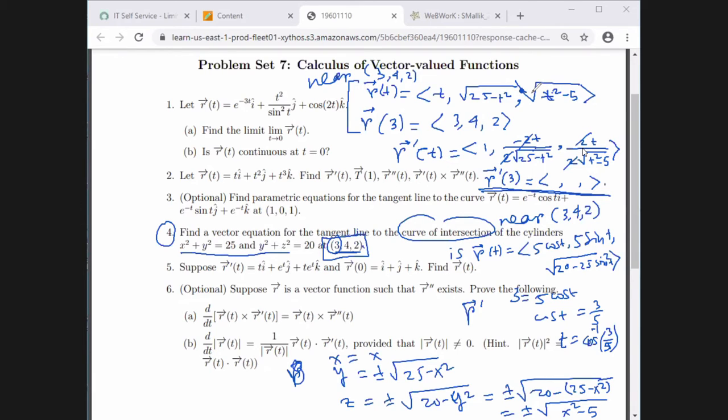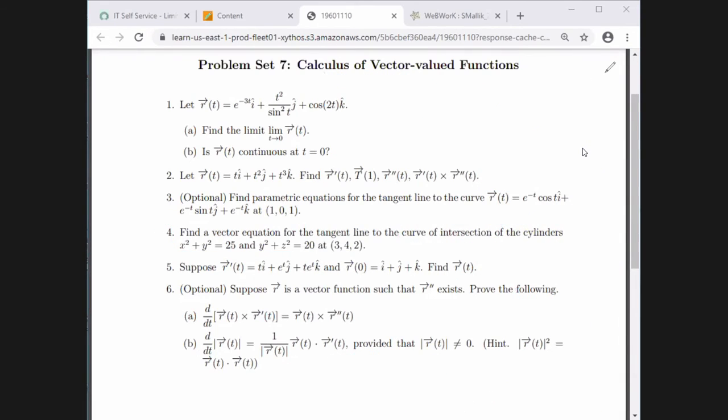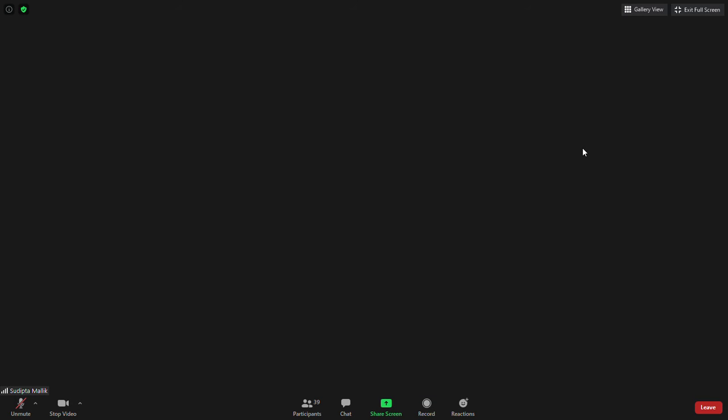Alright then, let's move on. So I'll talk about the theory of the next 2 sections today, 13.5 and 13.3. Okay, so let's talk about motion in 3 space. So these are the application part.